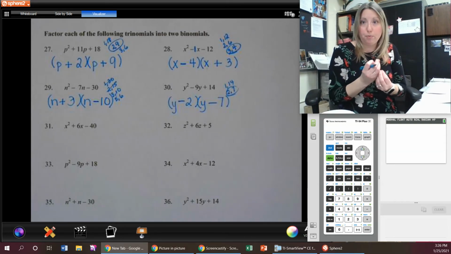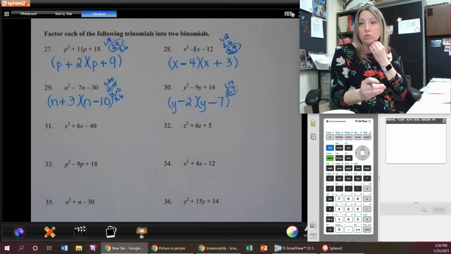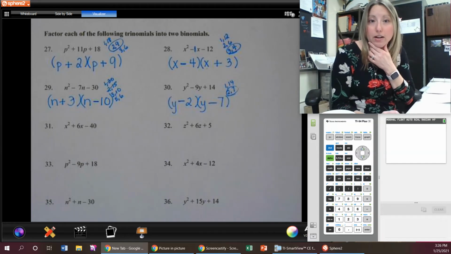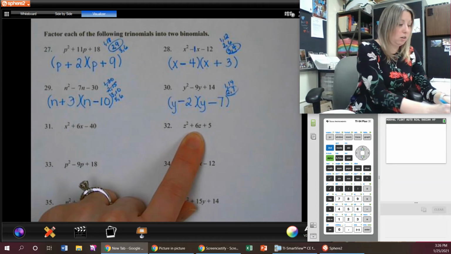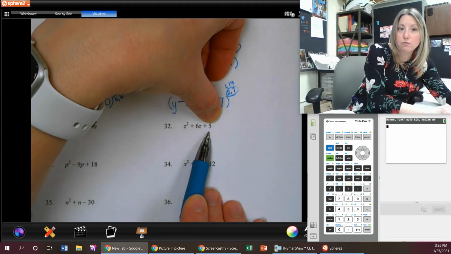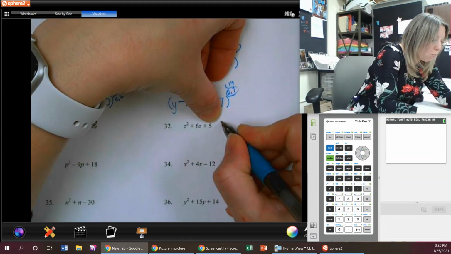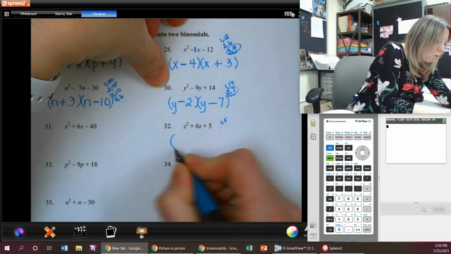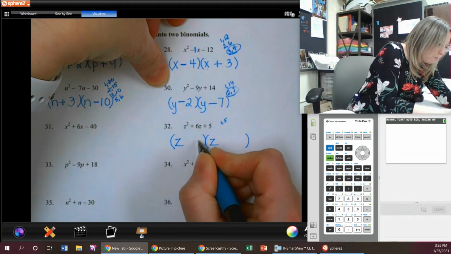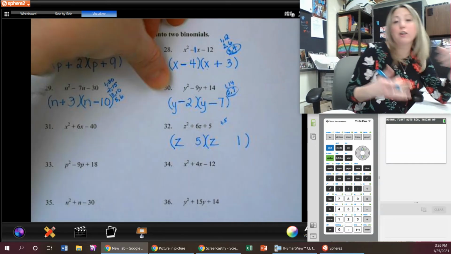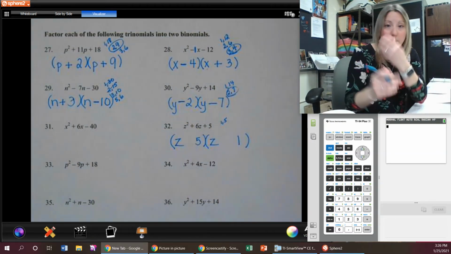Always remember that 1 and itself are factors. So when you run into something like 32, what are the only factors of 5? Because it's prime, 1 and 5. That's it. So your options are only 1 and 5. And again, please watch what variable is being used in each case.